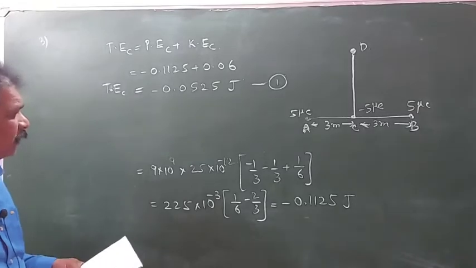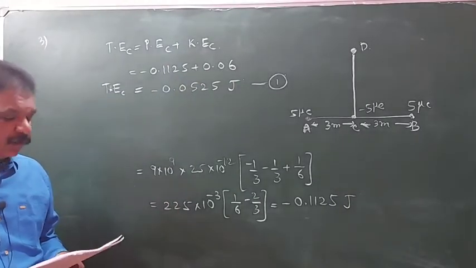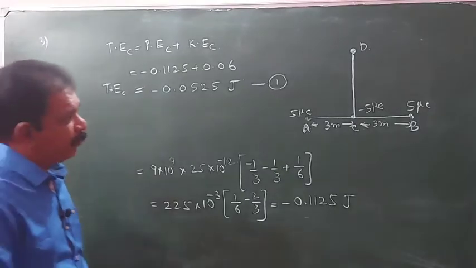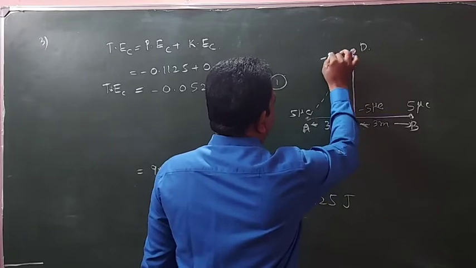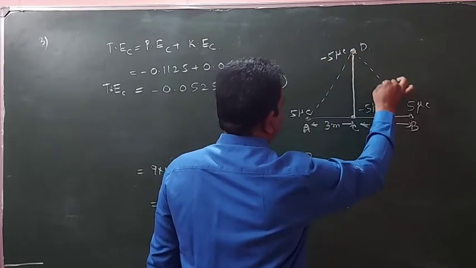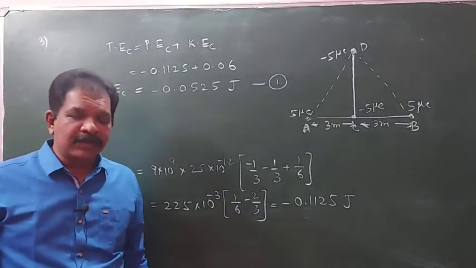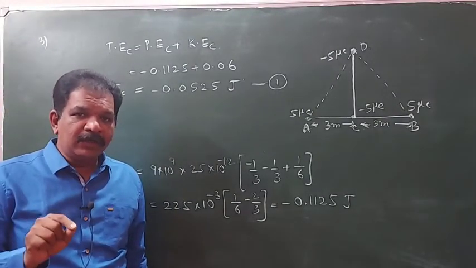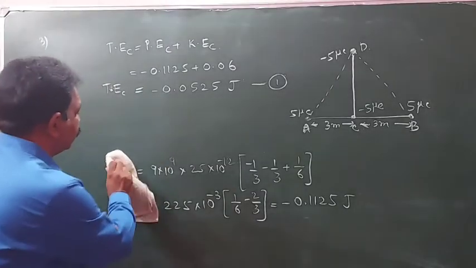In the same manner, calculate the total energy at the point D. At the point D, this minus 5 microcoulomb came to rest, so it is not having any kinetic energy; only it is having potential energy.